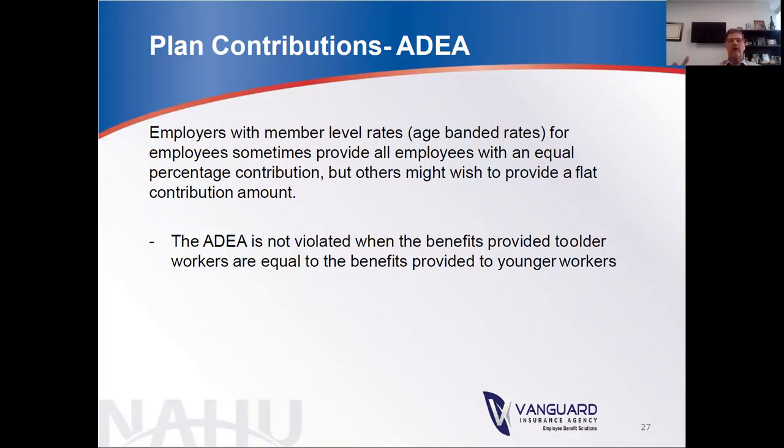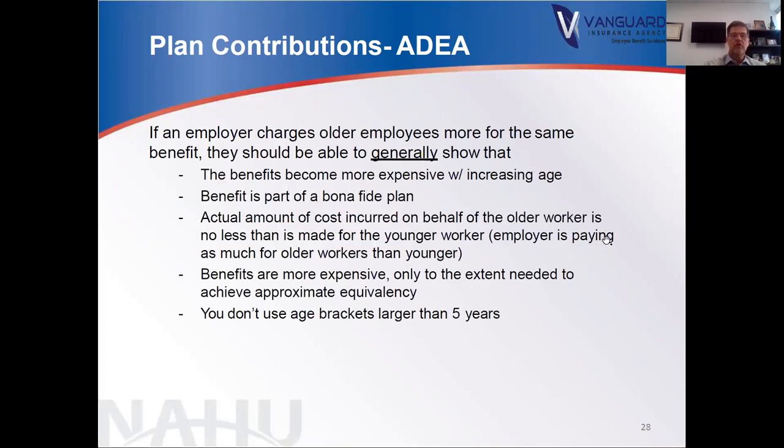So they're banded on a 5-year basis, and then it provides all employees with an equal percentage contribution. So the ADEA is not violated when benefits provided to older workers are equal to benefits provided to younger workers. So you want to make sure that the overall contributions to the plan don't favor the younger workers more than they do the older workers.